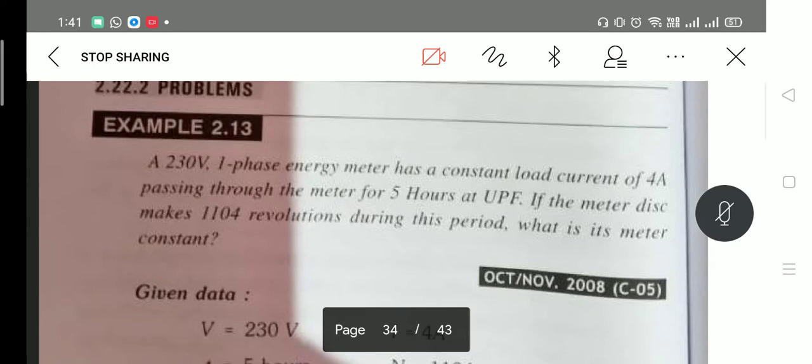We know the meter constant formula. What is the meter constant formula? Anyone tell me?